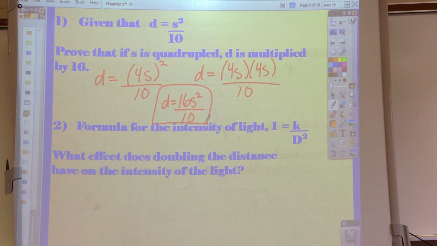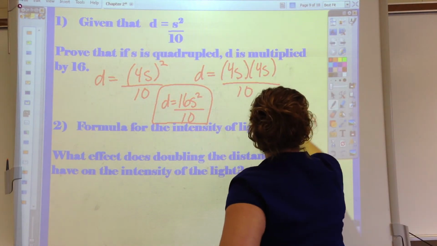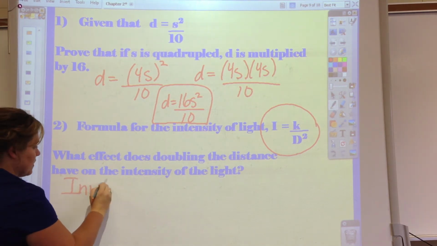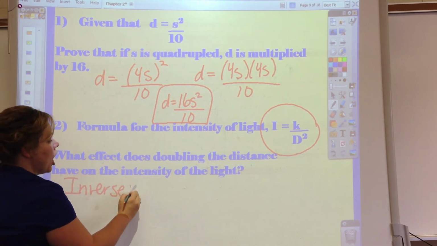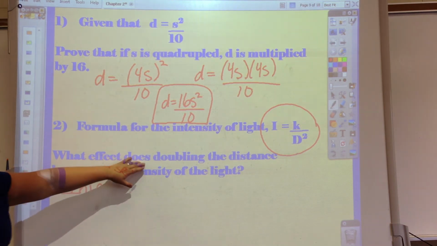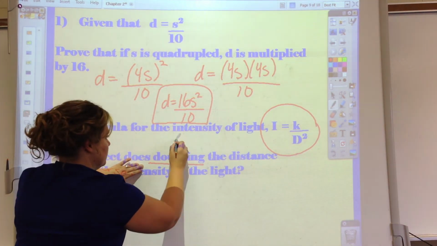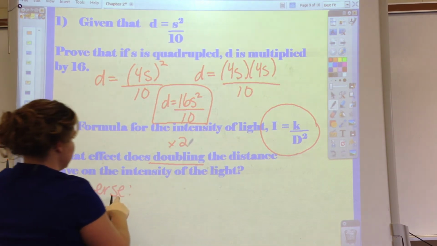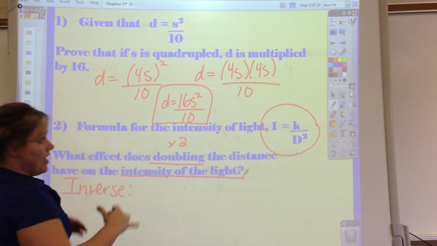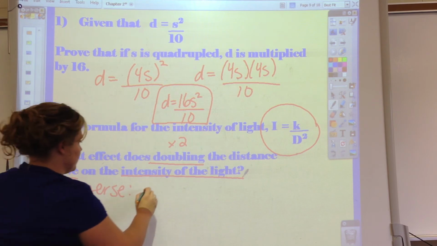Now, since this is an inverse variation equation, I know that the opposite is going to happen. Instead of multiplying by 2, I know that now the intensity of light is going to be divided. The opposite happens with inverse.